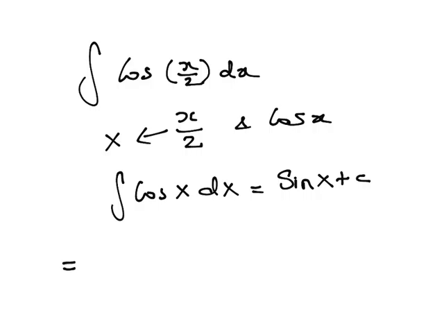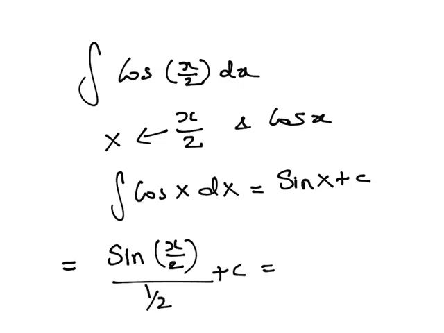So hence the answer for the actual problem is sine, instead of x I'll replace it with x by 2, divided by the coefficient of x, which is nothing but half, plus c. Hence the final answer is 2 times sine x by 2 plus c.